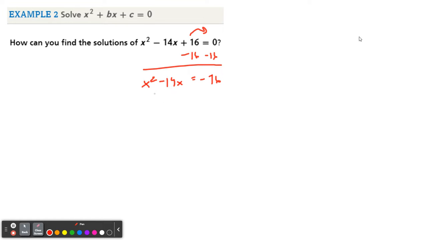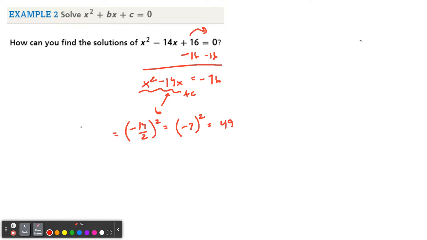Now let's go back to our last question. We need to see what c value we can add to this to make it a perfect square trinomial. So we're going to take our b value of negative 14, divide it by 2, and square it. That would be negative 7 squared, and negative 7 squared is positive 49.